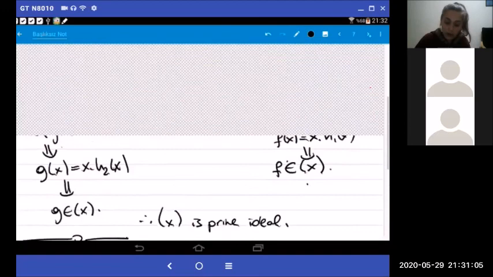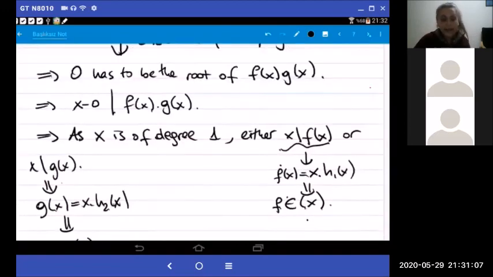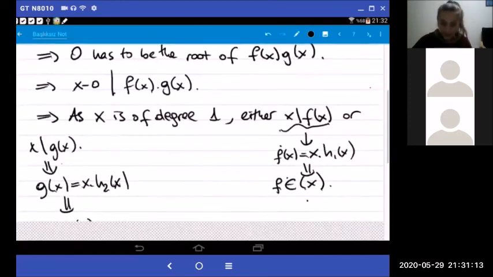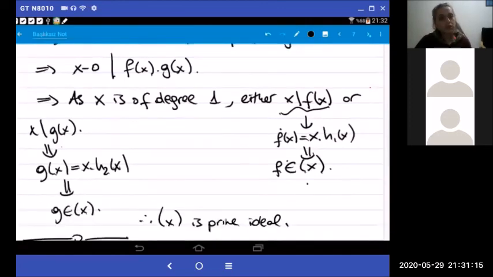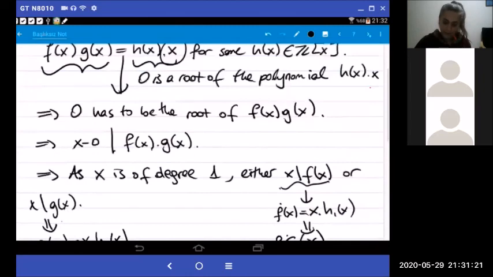We strongly use here that x is a polynomial of degree 1. Now this is the solution by just using the definition of a prime ideal. Is it okay?